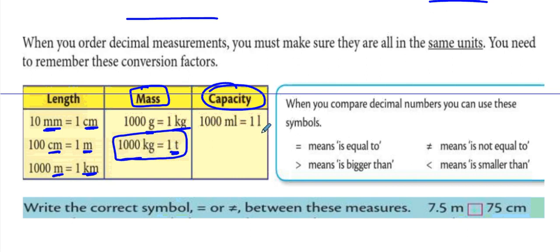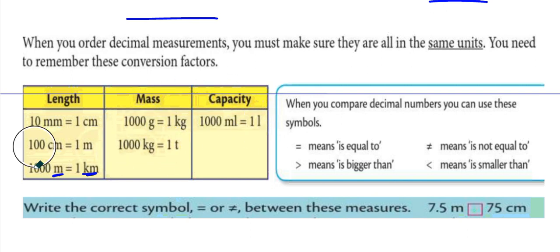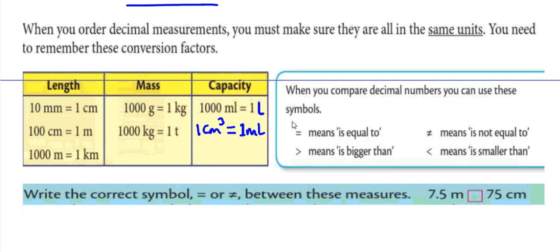For the case of capacity, we have to know in 1 liter there are how many milliliters. 1 liter, this L means liter, equals 1,000 milliliters. You can also note that 1 milliliter equals 1 centimeter cube. You have to know those things. Okay, let us see the questions.